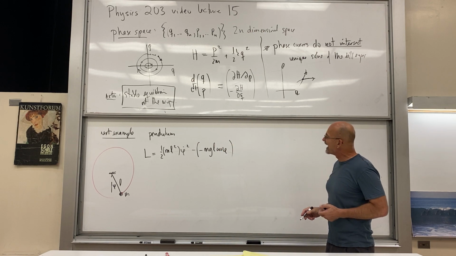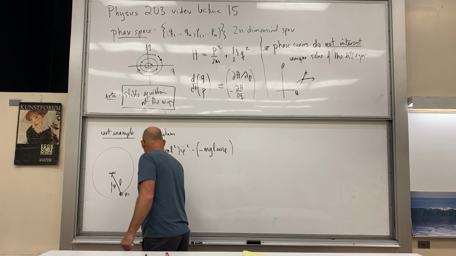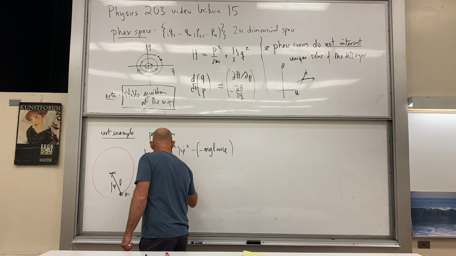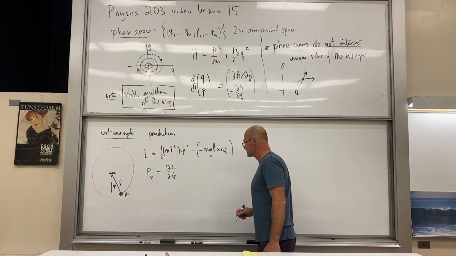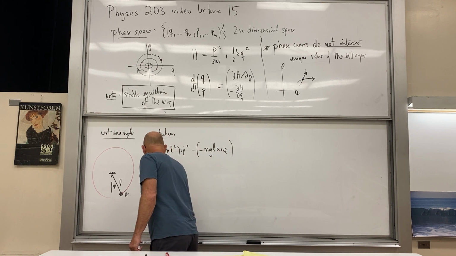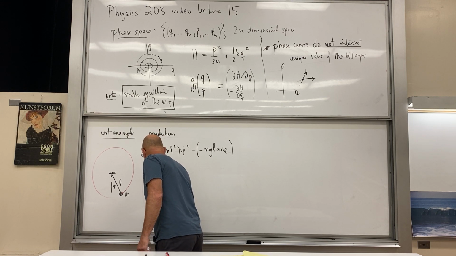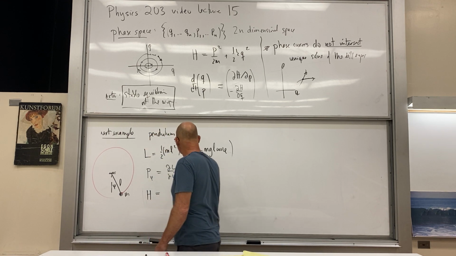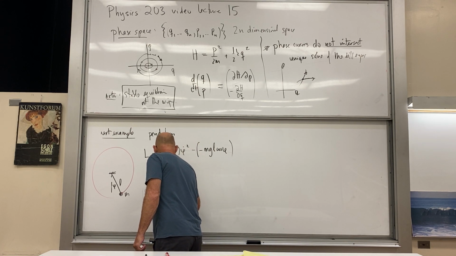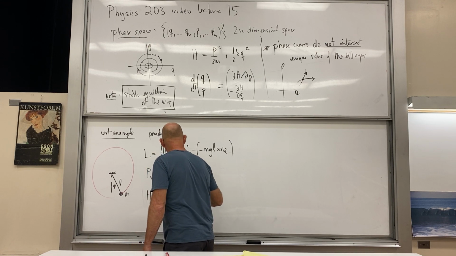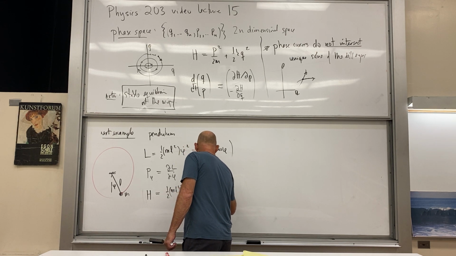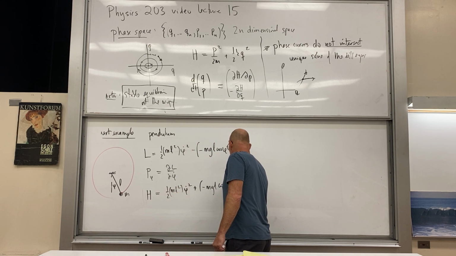Okay. So what about the Hamiltonian? Now, p sub phi is equal to dL/d phi dot. So what we're going to do first is we can write the Hamiltonian just as the sum of kinetic plus potential in this simple type of case. So we have 1/2 mL squared phi dot squared plus negative mgl cos phi.